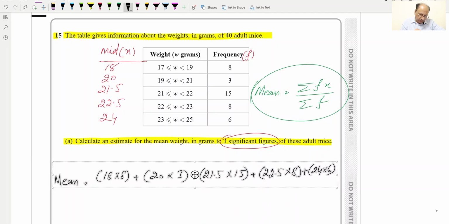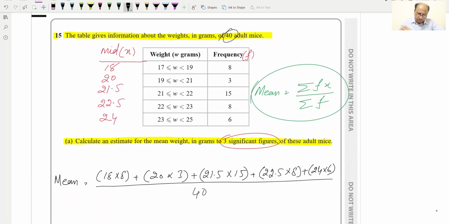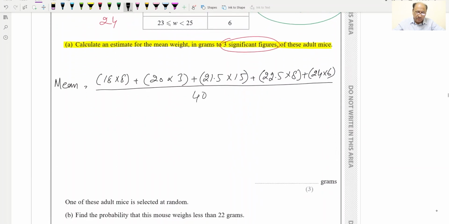Now we can write down the fraction also. This is divided by sigma f, and these are 40 adult mice, so we will write here 40, adding frequencies you will get 40.